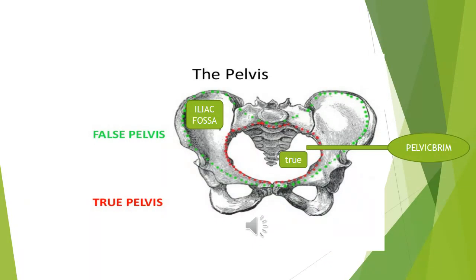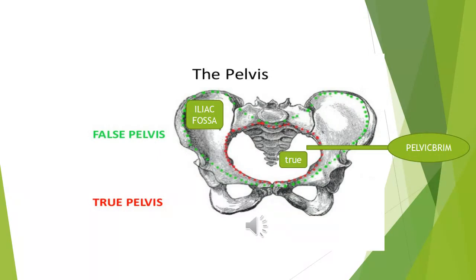The plane of the pelvic inlet passes from the sacral promontory to the upper margin of the pubic symphysis. The greater or false pelvis includes the two iliac fossae and forms a part of the posterior abdominal wall. The greater pelvis is comfortably occupied by the abdominal viscera, leaving only the lesser pelvis for the pelvic viscera.